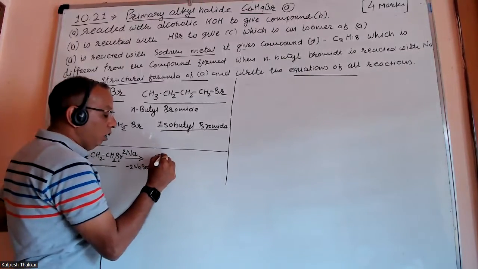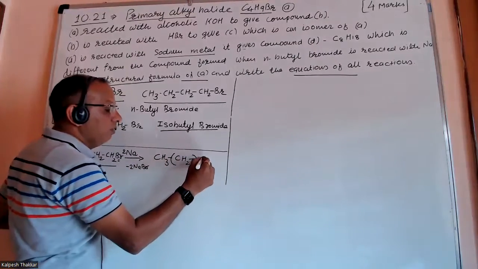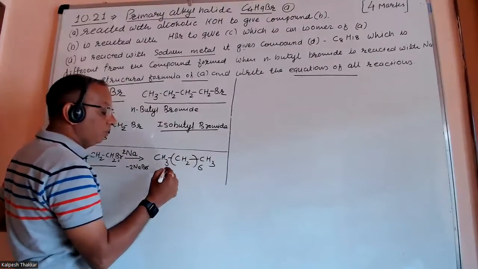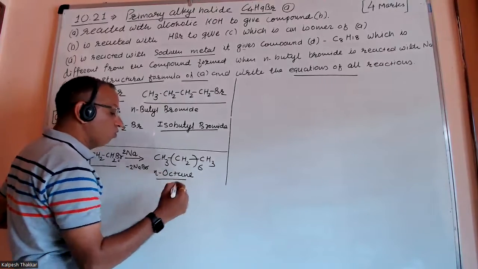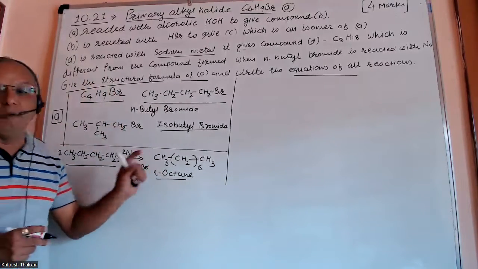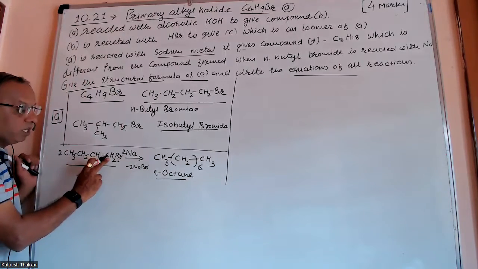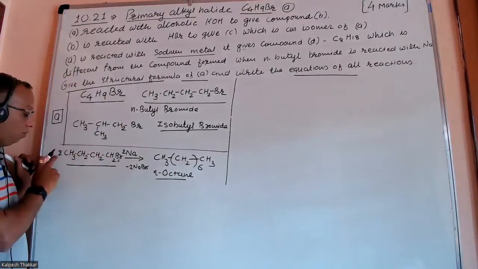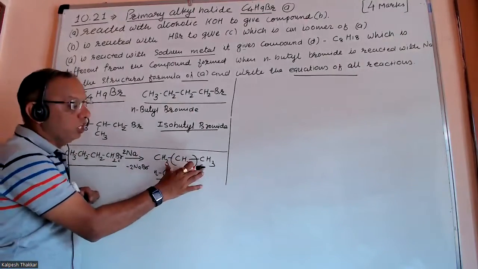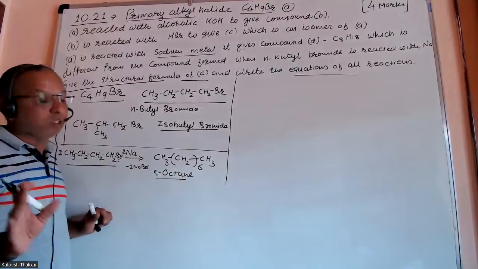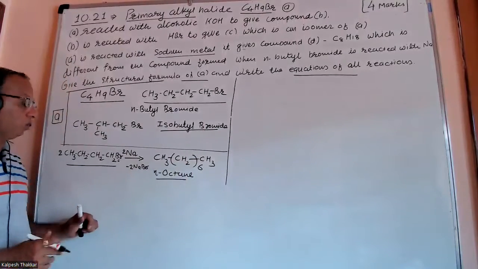So in total, this is CH3, then CH2 6 times, and CH3. So we will obtain octane, also known as normal octane. How normal octane? 1, 2, 3, 4 carbons are here, and another 4 carbons, because this is 2 times, will be there in the chain, and this chain is made up of 8 carbons in total. This is normal octane, friends.